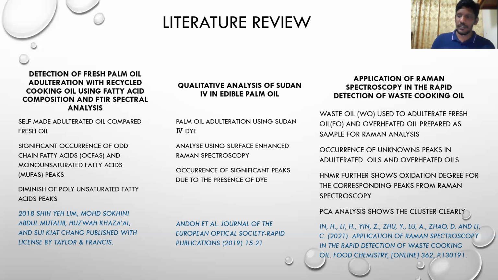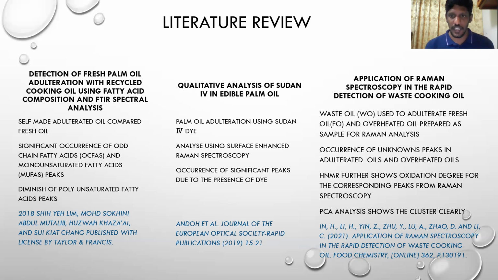The third one is application of Raman spectroscopy in the rapid detection of waste cooking oil. Waste oil is used to adulterate fresh oil, and overheated oil is prepared as a sample for Raman analysis. Another hypothesis developed in this journal is that overheated oil can also reflect the same character as the adulterated oil.